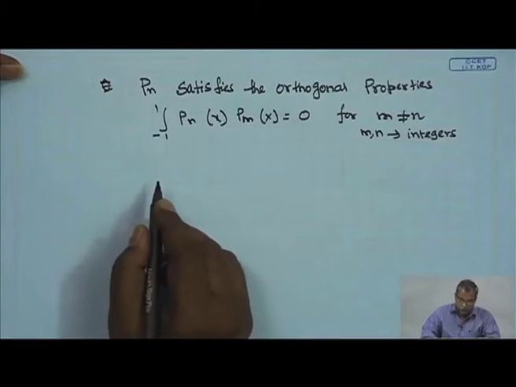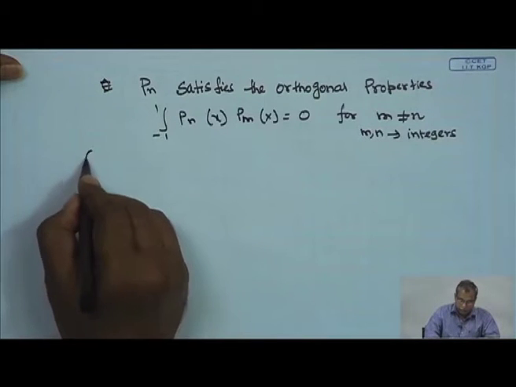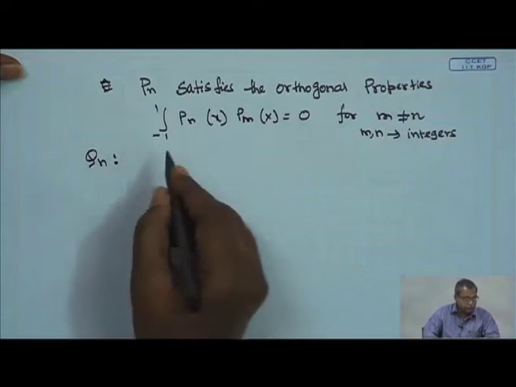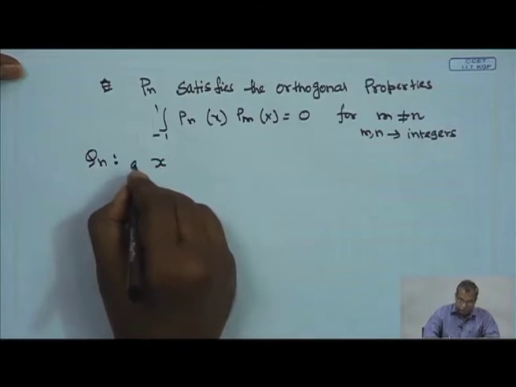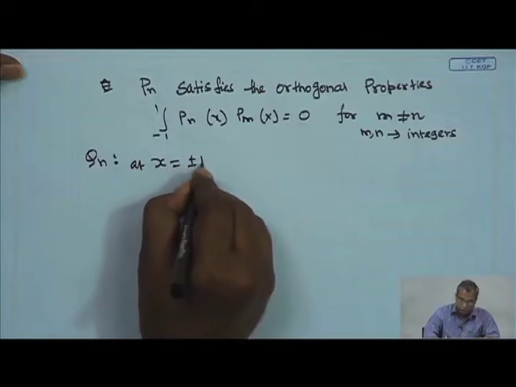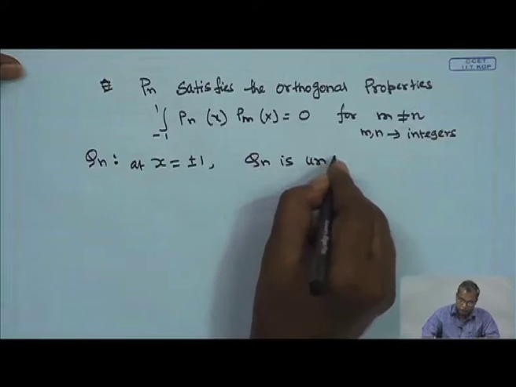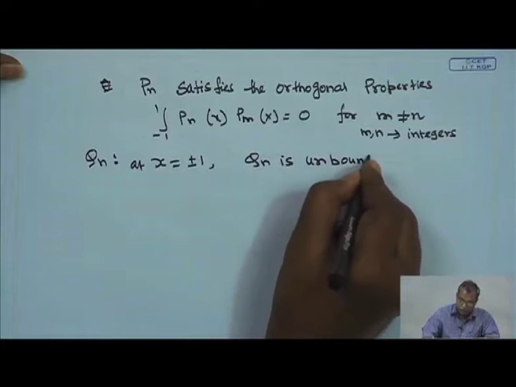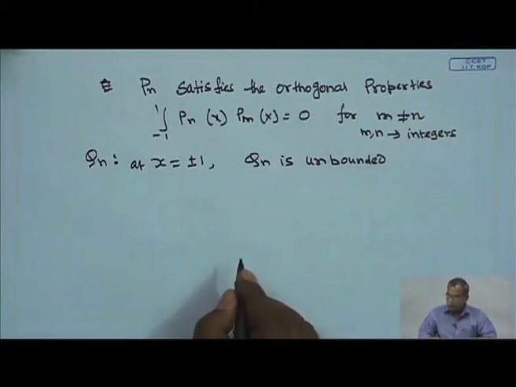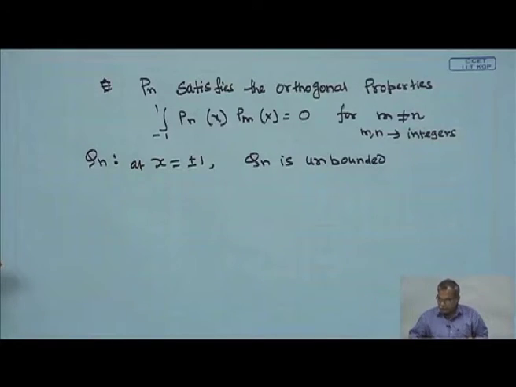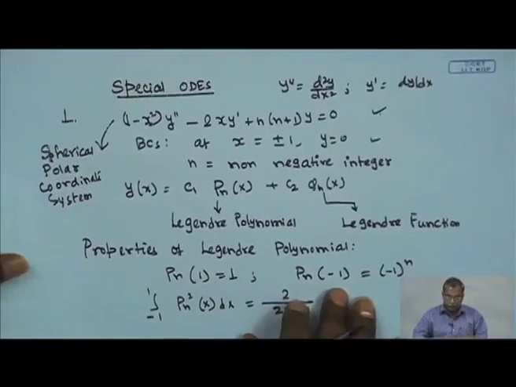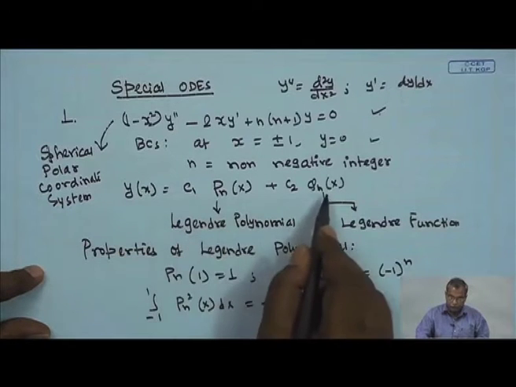Okay. The property of Qn is such that at x equal to plus minus 1, Qn is unbounded. So, what does this imply?